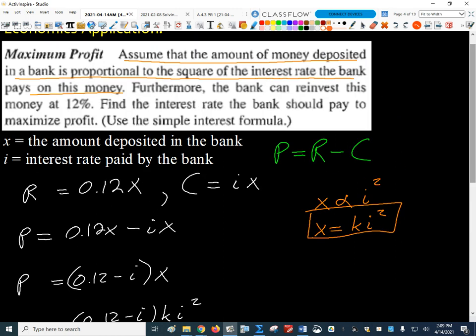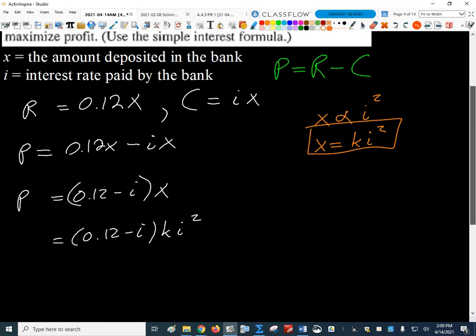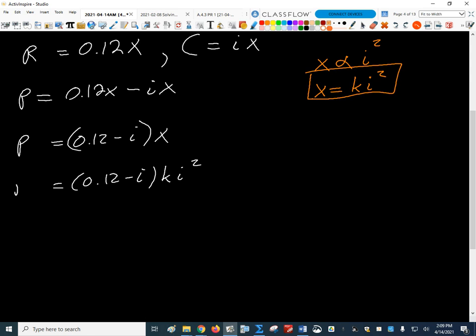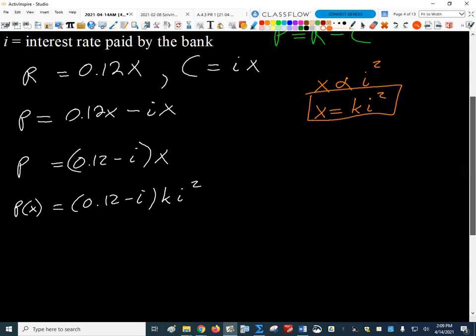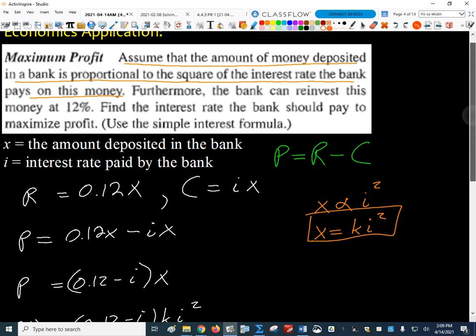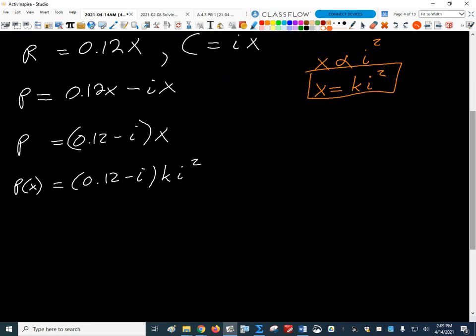So now this is P of X. Okay, I could pull the K out front and distribute the I squared, and I get 0.12 I squared minus I cubed.